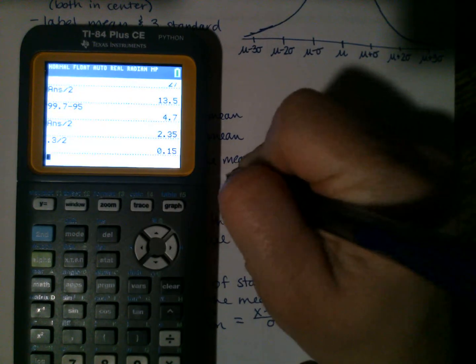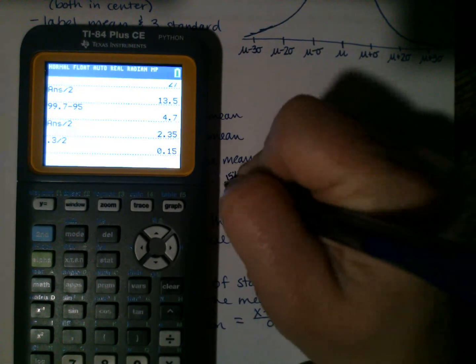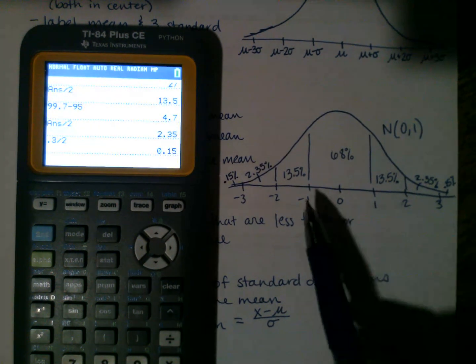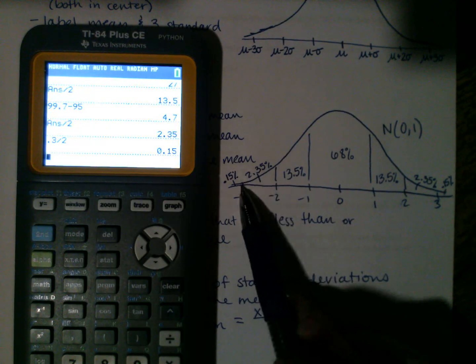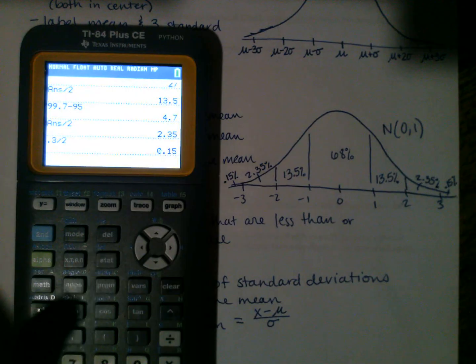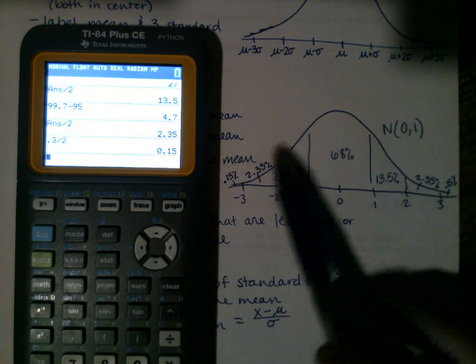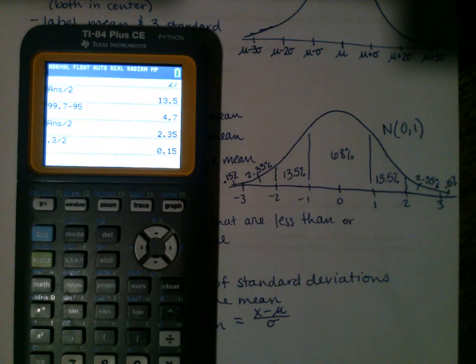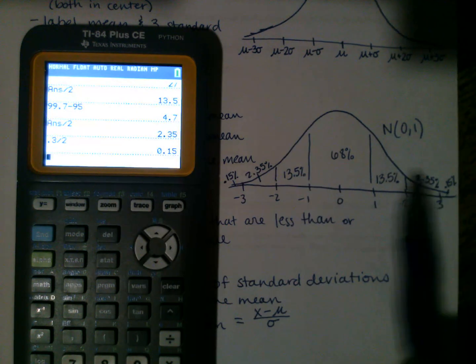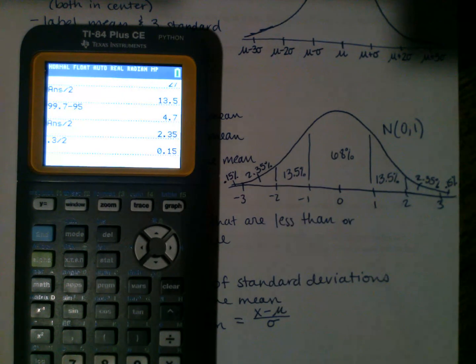So if someone falls more than 3 standard deviations, either above or below the mean, they are incredibly unusual because they're in either the top or bottom 0.15% of the whole population. Okay, so this is a super nifty little shortcut, but just a reminder, it really only applies if you are on exactly 1, 2, or 3 standard deviations from the mean. If you're not exactly on a standard deviation, you need to calculate the z-score and then do normal CDF.